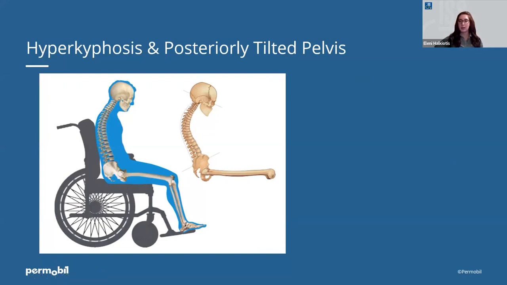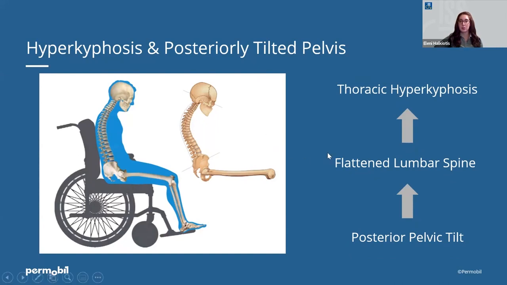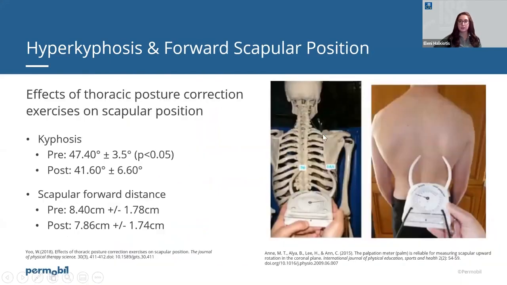No longer do they have that normal concave curve in the lumbar spine, but instead it's flattened, and this asymmetry has worked its way up the chain from the pelvis to the lumbar spine to create a hyperkyphosis, what we often call in the clinic just a kyphosis, but really it is a hyperkyphosis of the thoracic spine. And that can certainly affect line of sight and head position as well.